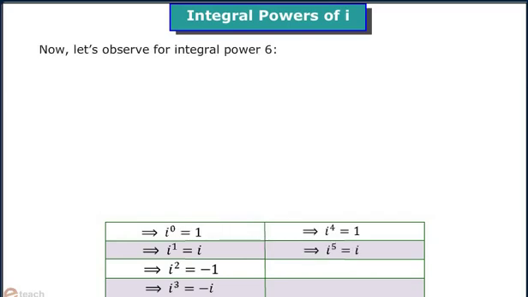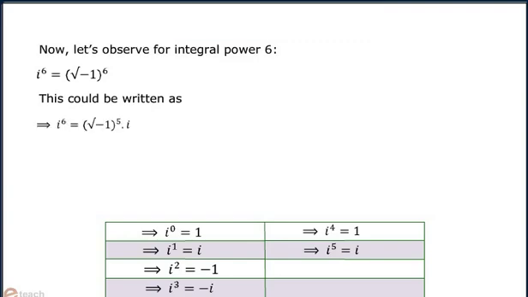Now, let us observe for integral power 6. Iota raised to the power 6 equals under root of minus 1 raised to the power 6. This could be written as iota raised to the power 6 equals under root of minus 1 raised to the power 5 into iota.